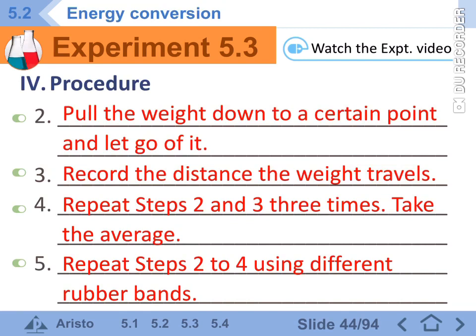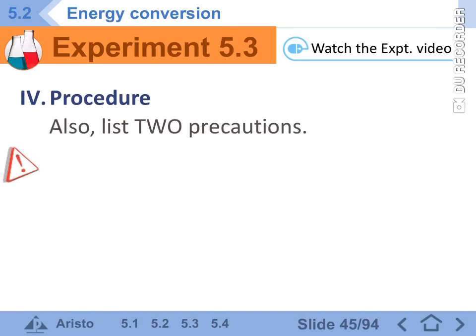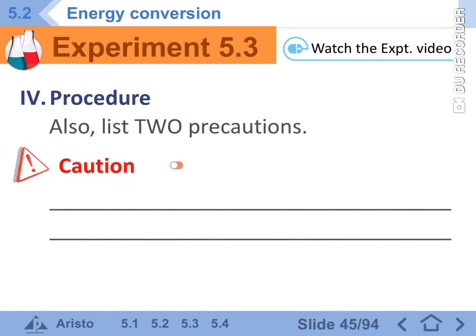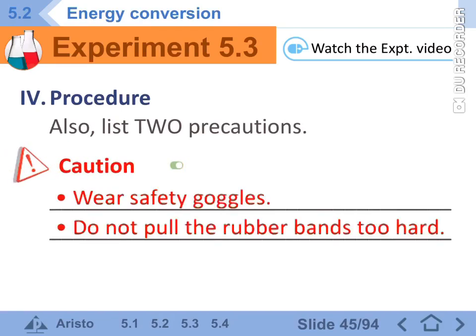So if you started with the narrower one, you use a wider one in the second trial. Just a caution: you need to wear safety goggles and do not pull the rubber band too hard or else it breaks. It's common sense.